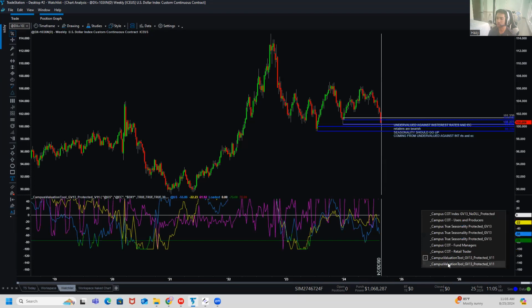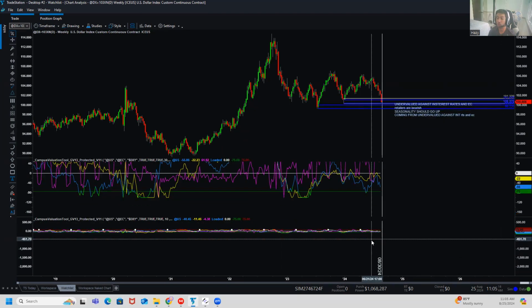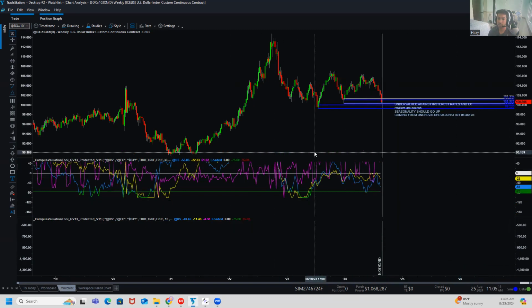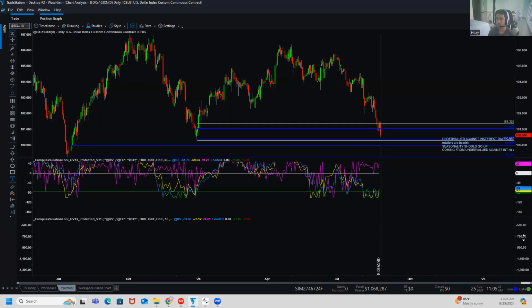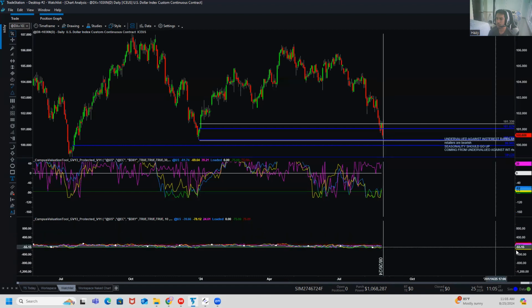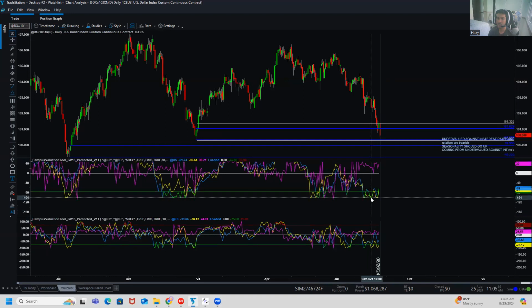If we go to the valuation tool, let's see if we could do something about this. So long-term and short-term valuation, we can see that we're undervalued against the euro.